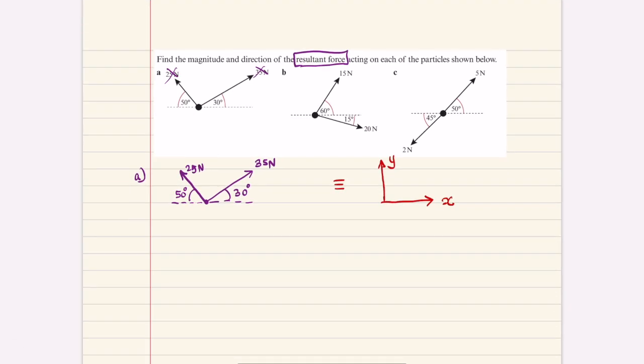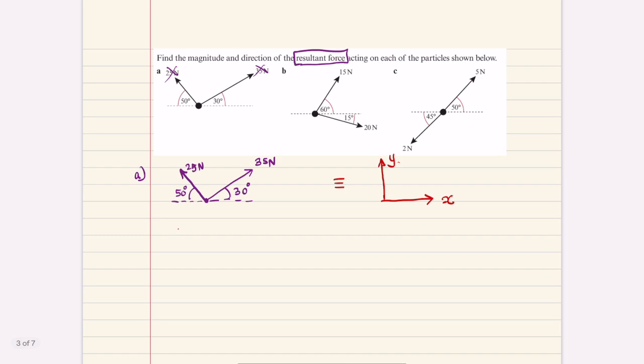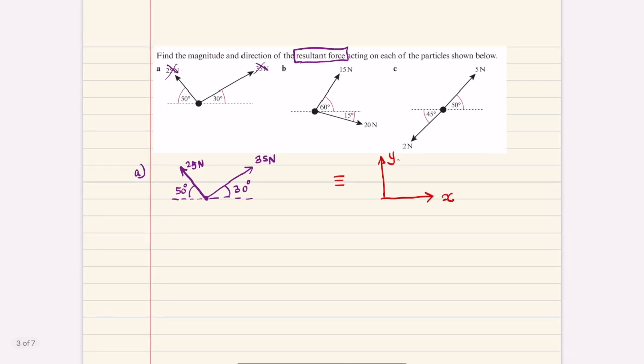Then the resultant force would be the combination of both x and y, and let's see the angle that it creates. So first of all, let's try to resolve these two forces in the upward direction, towards the y direction.